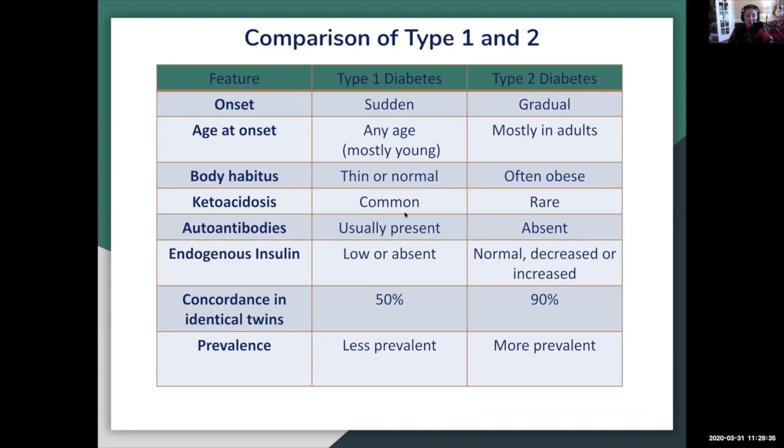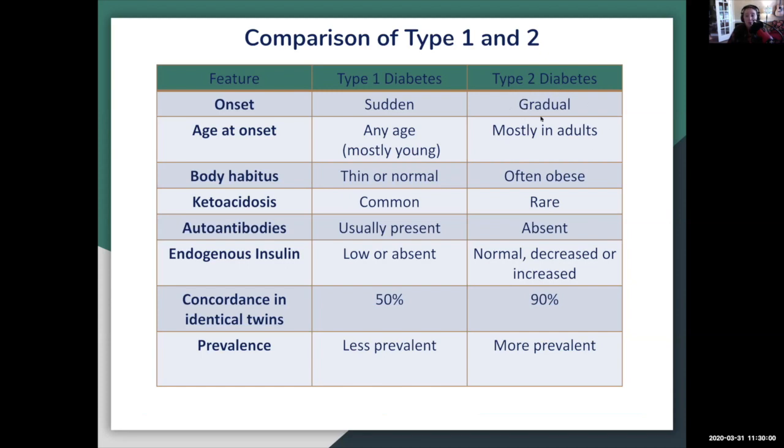Common that they get hospitalized with that ketoacidosis. We see the antibodies present. They don't have the ability to make insulin anymore. And then in twins, about 50-50 that both twins would have it, and it only makes up 5 or 10% of our population.